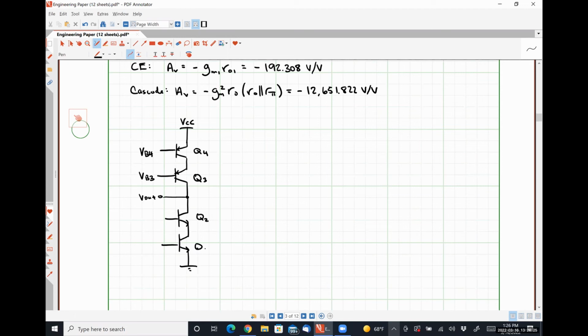Here's Q2, here's Q1, this is VB2, this is VA. So we are biasing our cascode amplifier, which is the bottom half of the circuit, with a cascode PNP current source, which is the top half of the circuit, right?